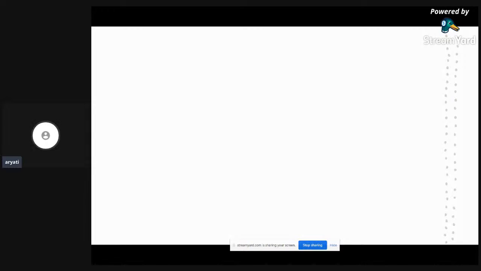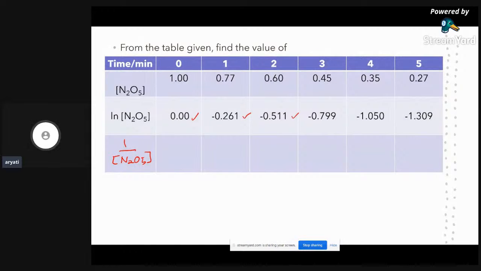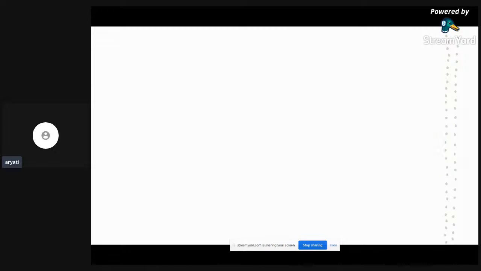So we have to try the graphs one by one. First we need to plot a graph of concentration of N2O5 versus time. The y-axis is concentration of N2O5.